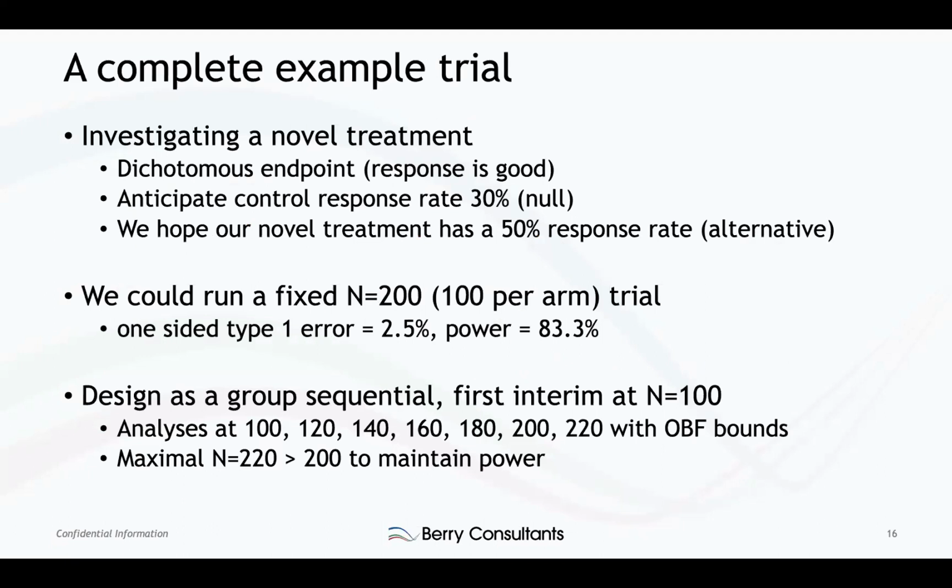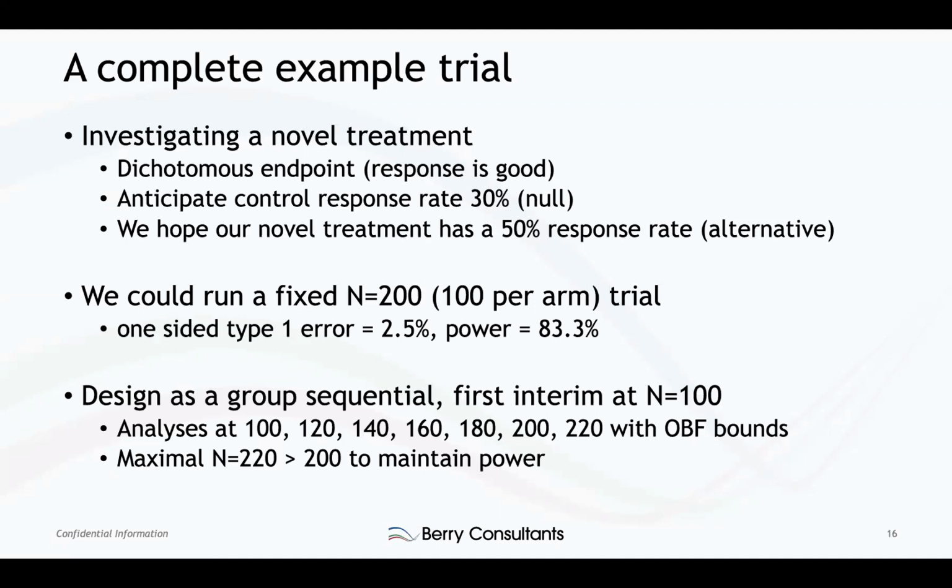All right, so let's go through a whole example trial here. A nice practical example. I'm investigating a novel treatment. I've got a dichotomous endpoint. Response is a good thing here. I want people to respond. Based on history, I anticipate our control rate to be about 30%, and I hope that our novel treatment has a 50% response rate.